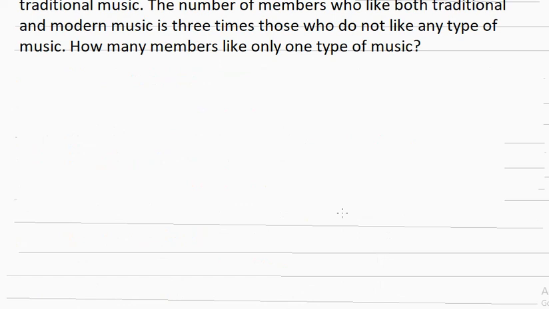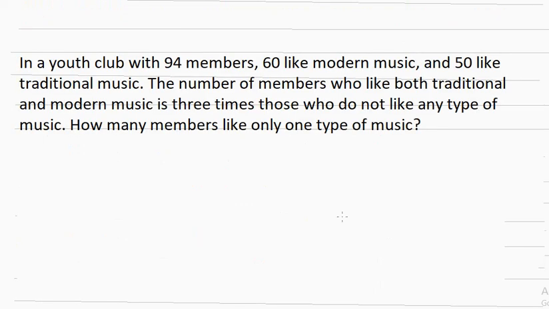Now let's get to that word problem question. This one goes this way. In a youth club with 95 members, 60 like modern music and 50 like traditional music. The number of members who like both traditional and modern music is 3 times those who do not like any type of music.